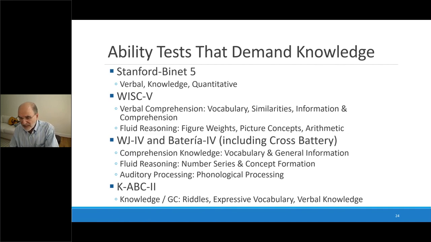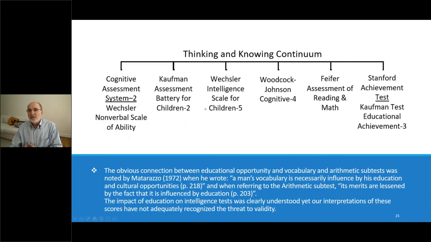And they say that these tests have validity as measures of intelligence because they're so highly correlated with G. I don't accept that logic. And I especially don't accept the logic that we should have tests of intelligence that have knowledge in them.